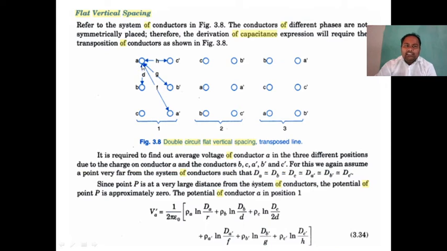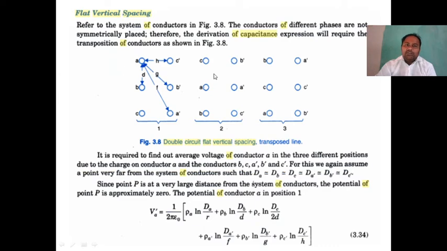What is the distance between A to C dash? H. What is the distance between A to B? D. A to B dash is G, A to A dash is F. So the distances are not changing.